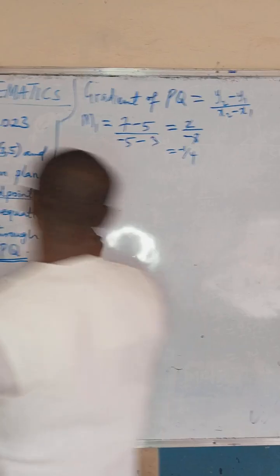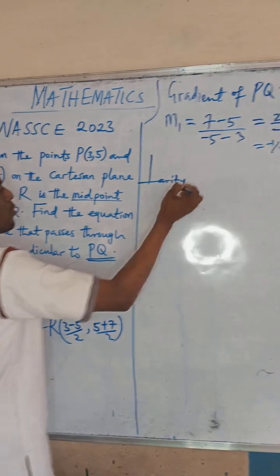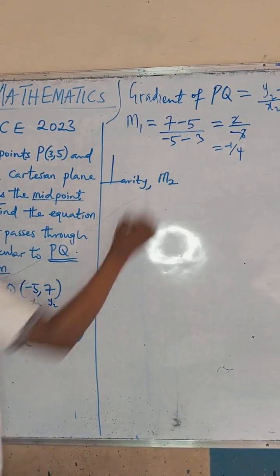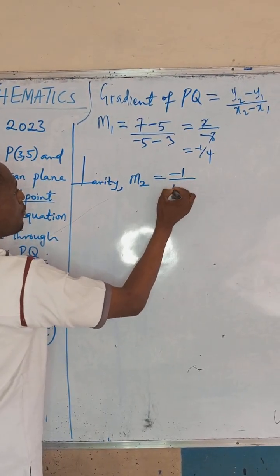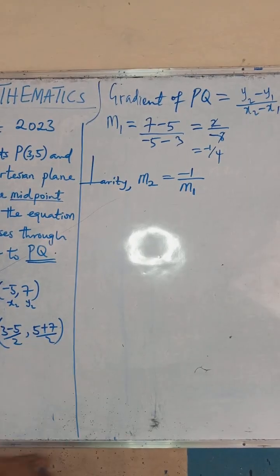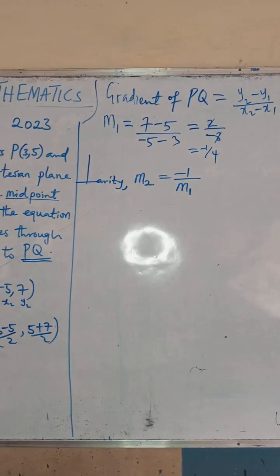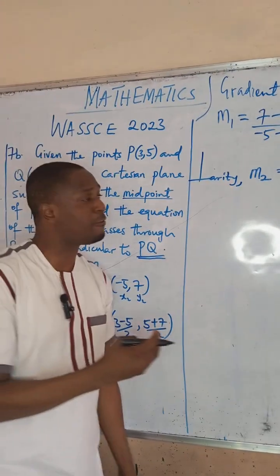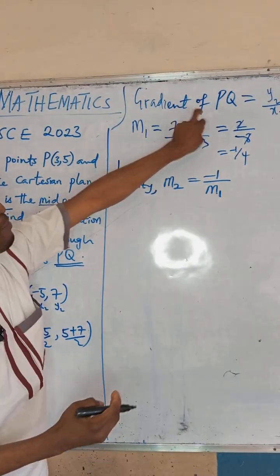Now for perpendicularity, m2, which will be the slope of the line I'm looking for, will be the negative inverse of m1, the gradient of PQ, because they told us that the line we are looking for is perpendicular to the line PQ.